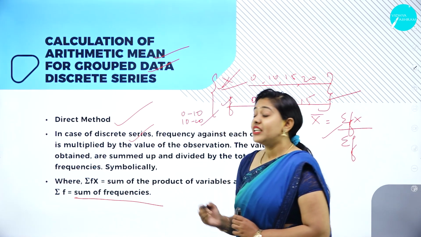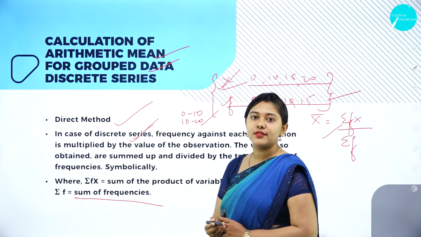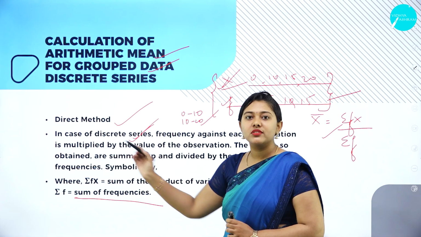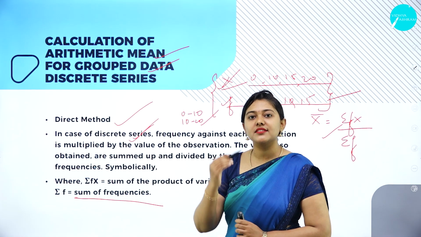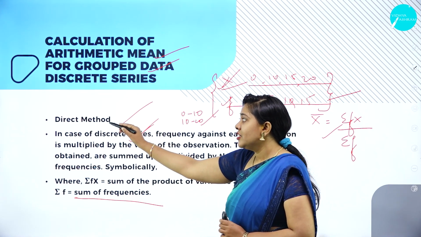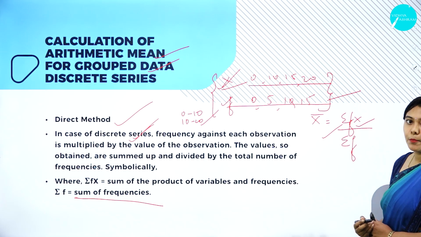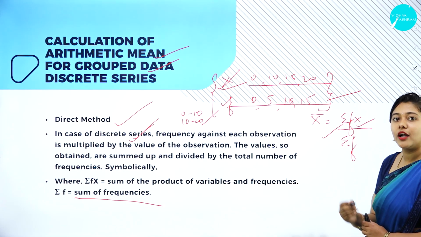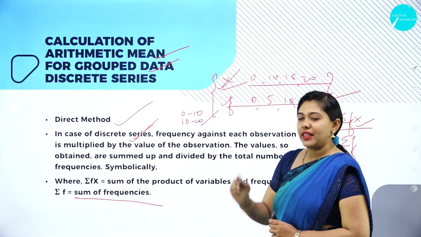So this is the direct method. Which series are we following? Discrete series. For discrete series we are using direct method. So how to compute the mean under discrete series? Under direct method, that is sigma fx divided by sigma f. This is the formula to compute the mean under direct method.